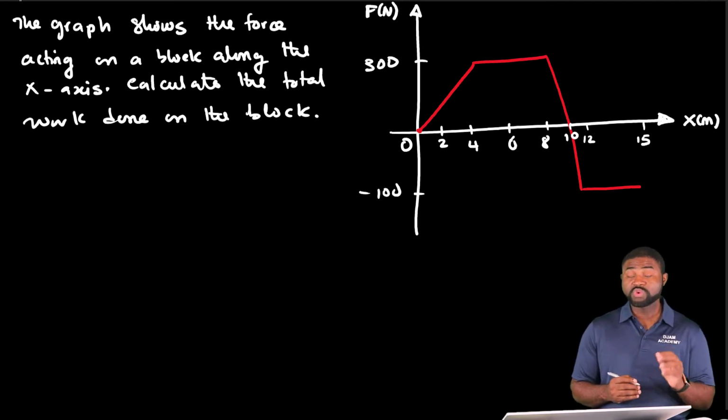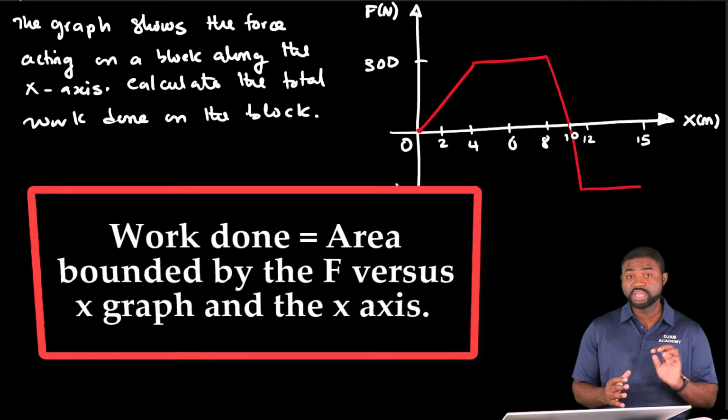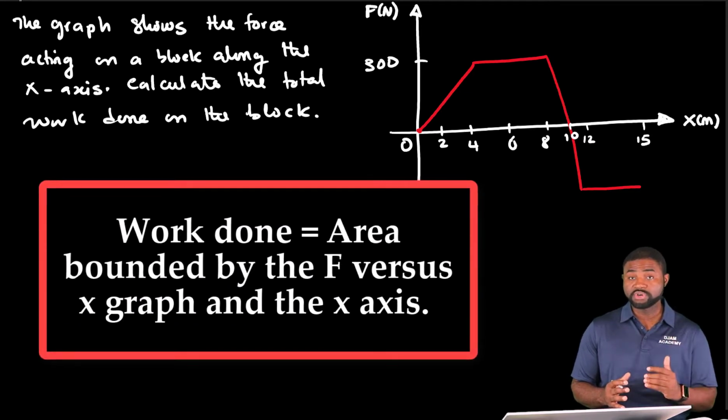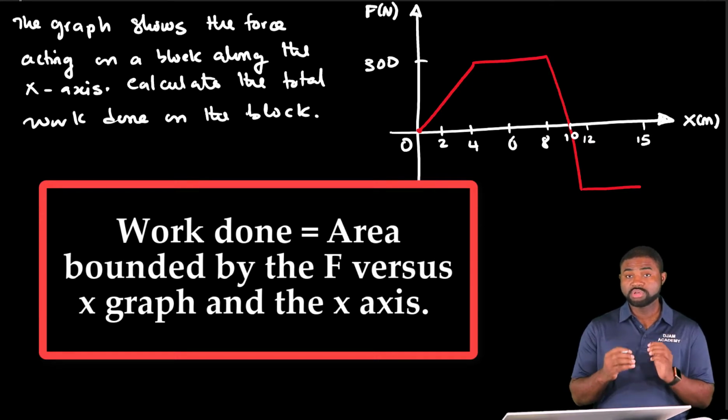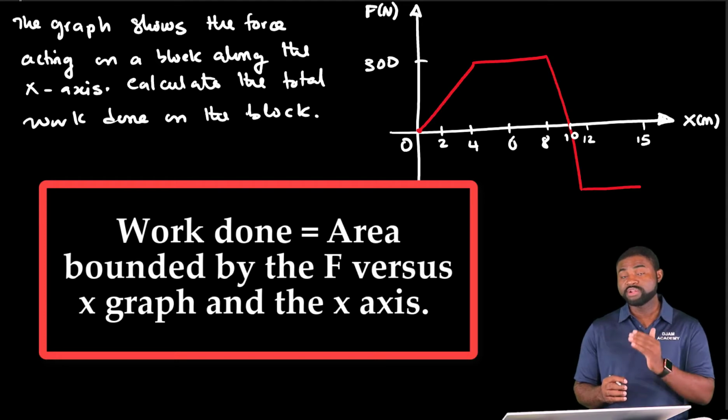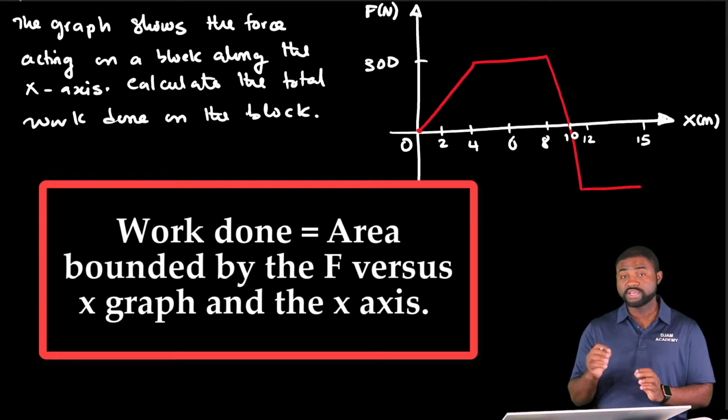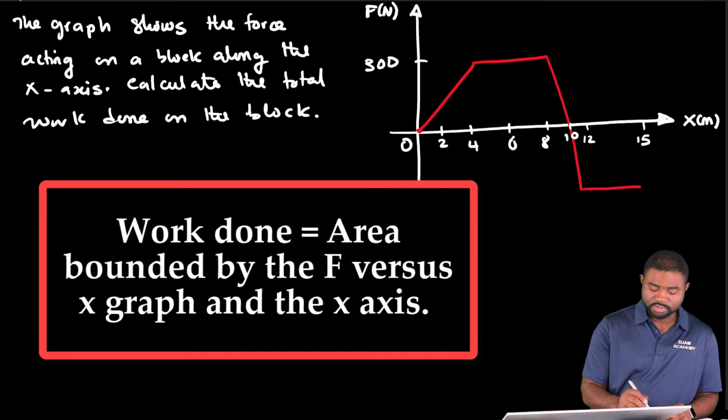Now, it is worthwhile for you to remember that the work done on the particle is the area bounded by the force versus x graph. Let me say that again. The work done on the particle is equal to the area bounded by the force versus the x graph. Let me write that down.